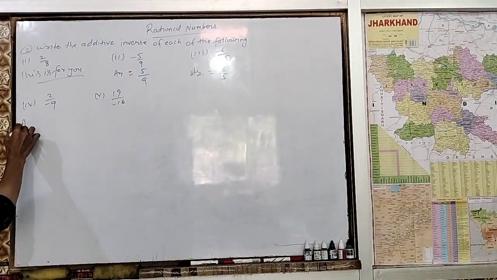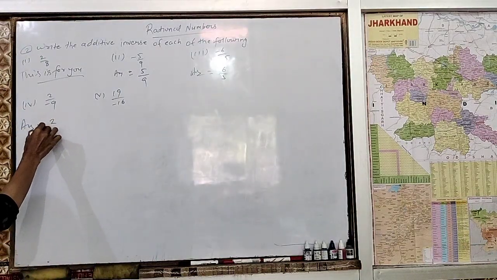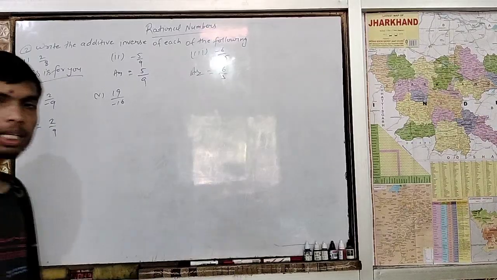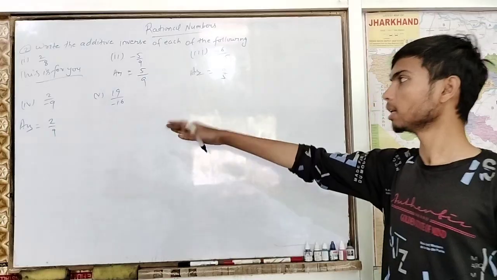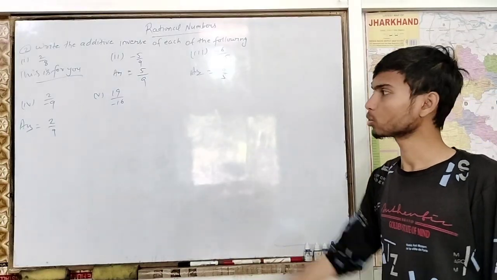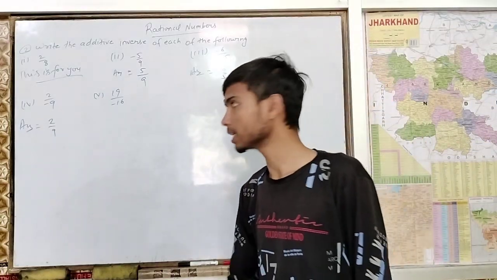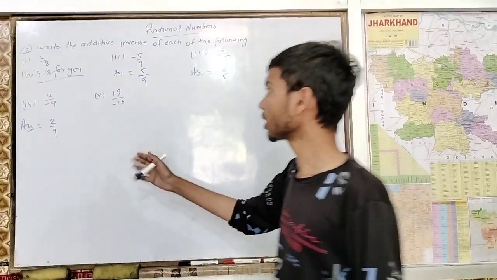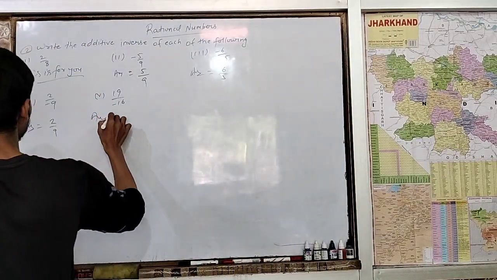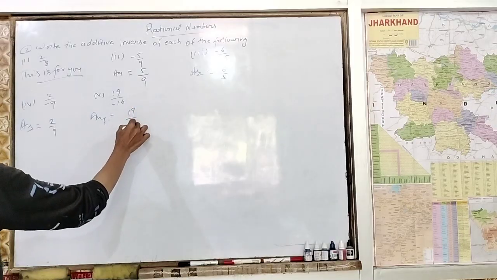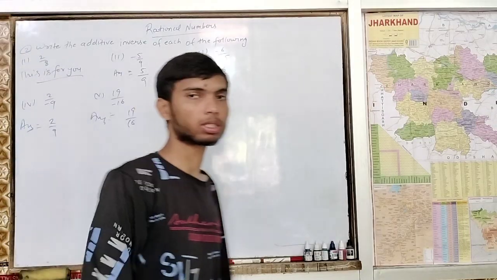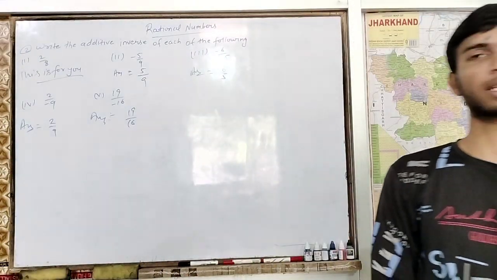Now look at this. 2 upon 9. That's it. Here 2 is with positive. It will be as it is. Then 9 is in negative. So we just converted minus 9 into positive. Now next question we have. Minus 19 upon 16. So it will become 19 upon 16 because 16 is in negative.